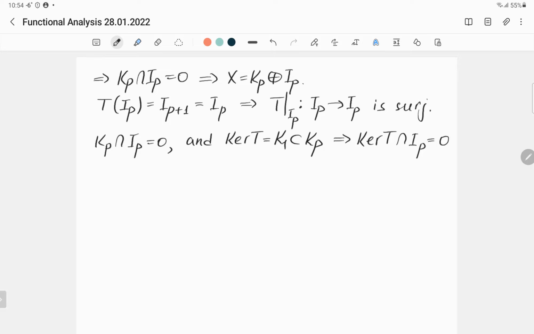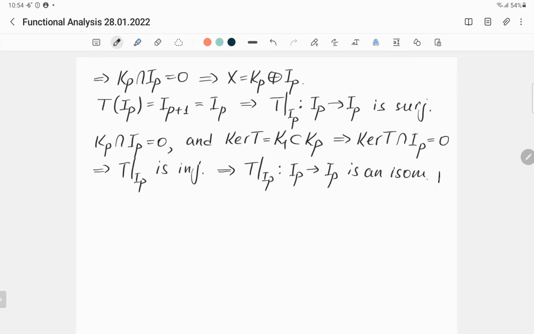But this means exactly that T restricted to Ip is injective. And as a result, we conclude that T restricted to Ip is an isomorphism of Ip onto Ip. And this completes the proof of Lemma 2.